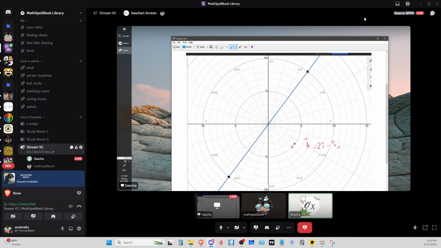If I want to find a vector which is perpendicular to A, there is a very simple trick in 2 dimensions, which is we're going to flip the coordinates and add a minus somewhere. So maybe I will swap the coordinates and put the minus on the first coordinate. So we'll get minus 5i plus 2j.